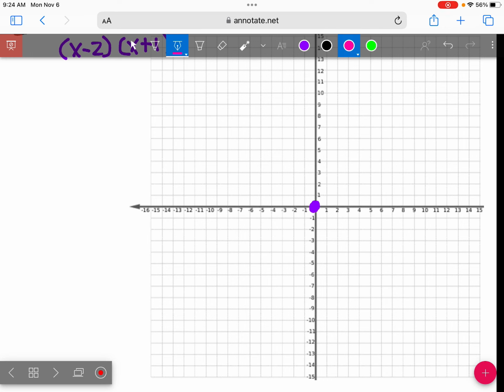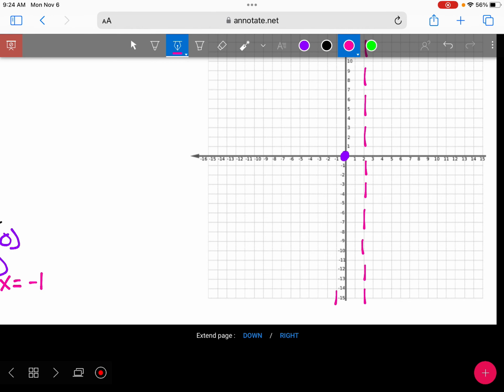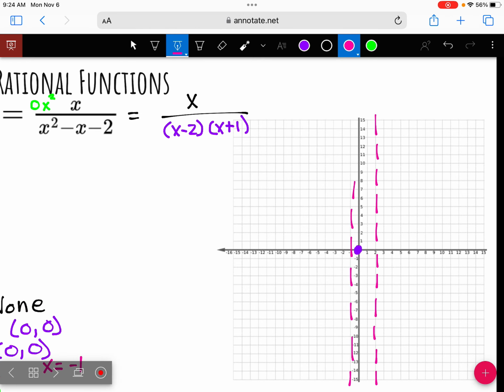I've got my vertical asymptotes at 2 and at -1. And we have a horizontal asymptote at 0. So what we have is not enough information to get a good graph, huh?